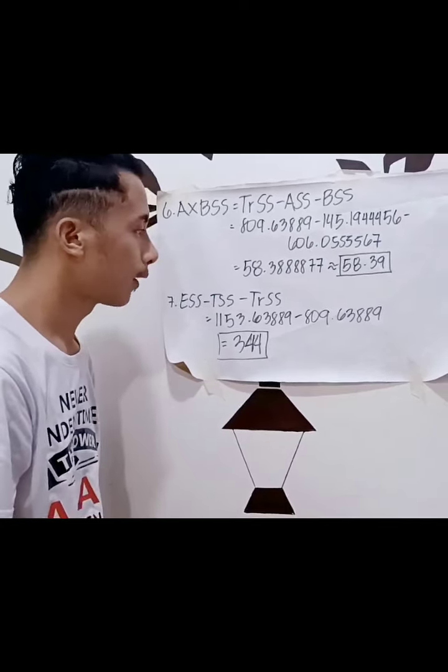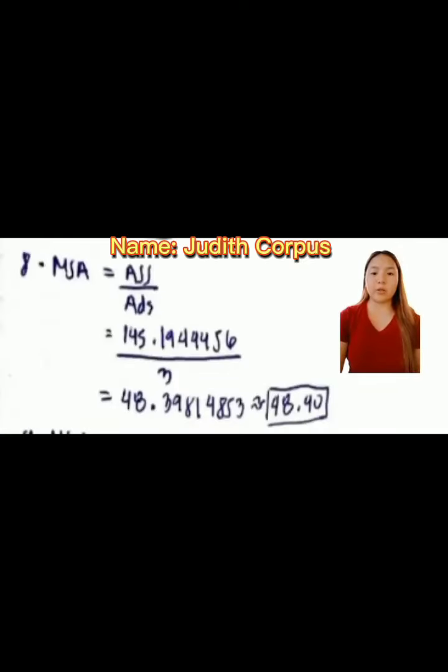So, the continuation of number 7, MSA equals ASS over ADS. So, your ASS here is 145.1944456. Divide 3, the total is 48.39814853, or 48.40.